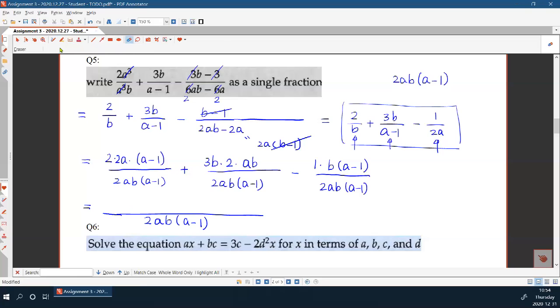So the first term would be 4a times a minus 1. Second term is 6ab squared. Okay, last term is b times a minus 1, right? So this is our final result.